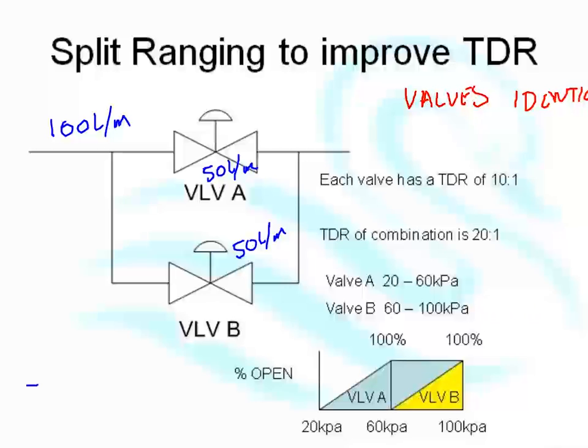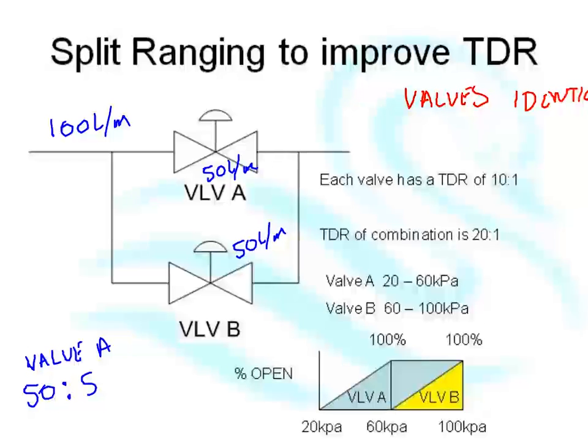So if it's got a maximum of 50 litres a minute and it's turned down, so that's valve A. If it's got a maximum of 50 litres a minute and its turn down ratio is 10 to 1, what's its minimum flow? Yep, you've got it. It's 5. So valve A, the flow can go from 50 to 5, which is 10 to 1.